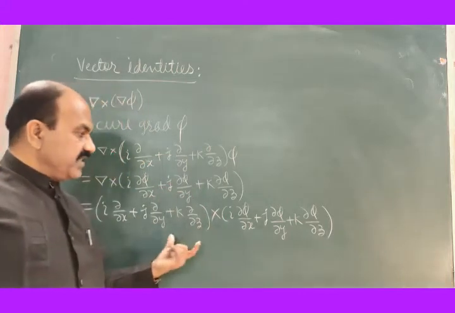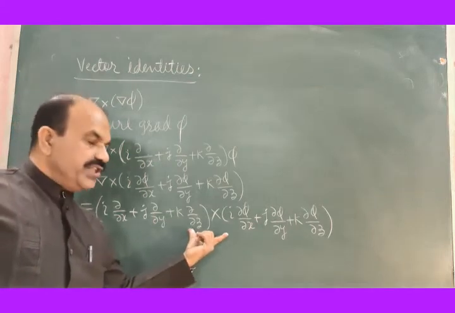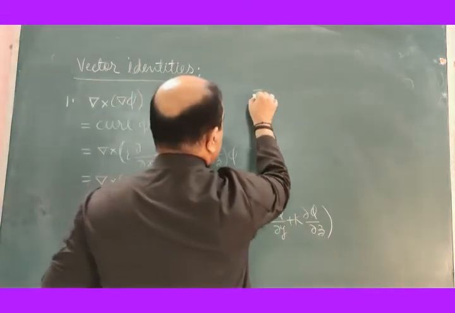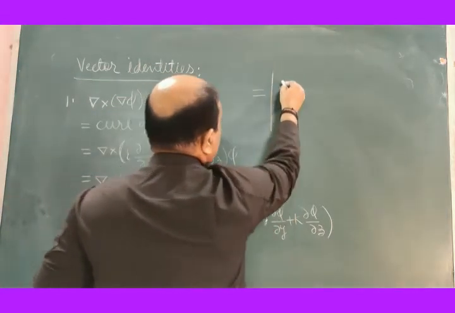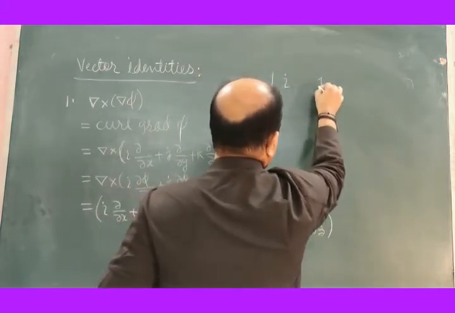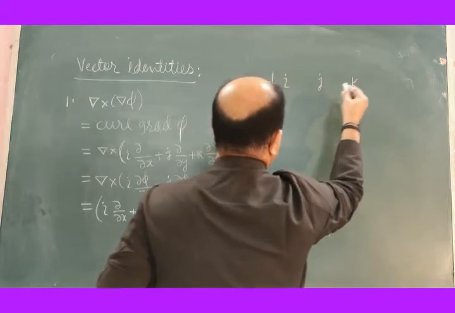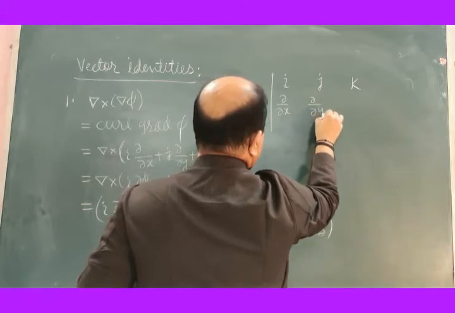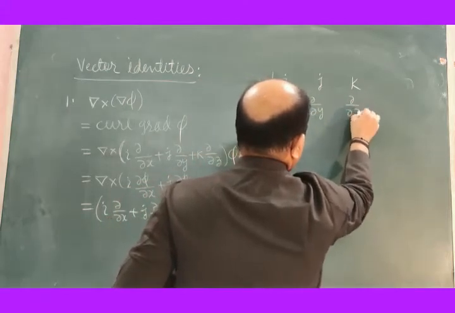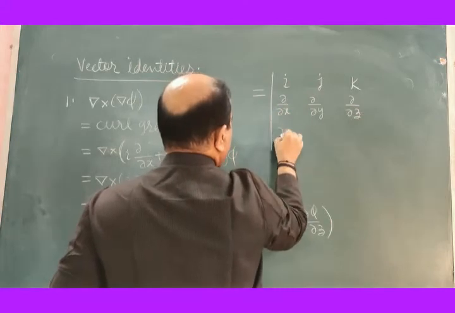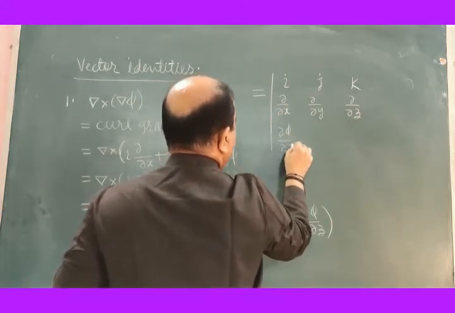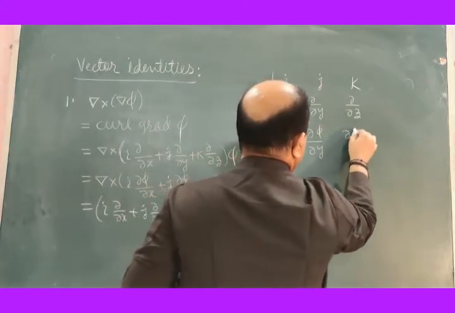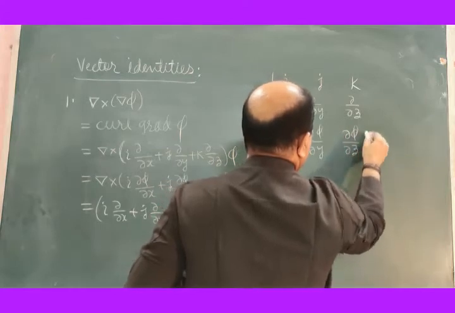So let us write the cross product of these two vectors by a determinant, that is equal to: i, j, k; dou by dou x, dou by dou y, dou by dou z; dou phi by dou x, dou phi by dou y, dou phi by dou z.